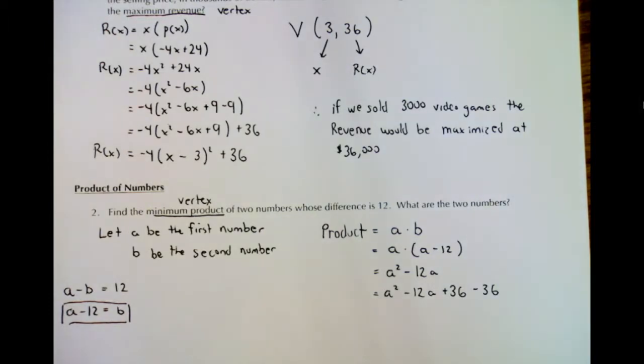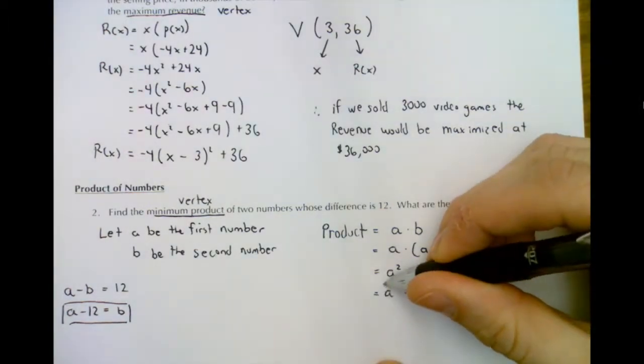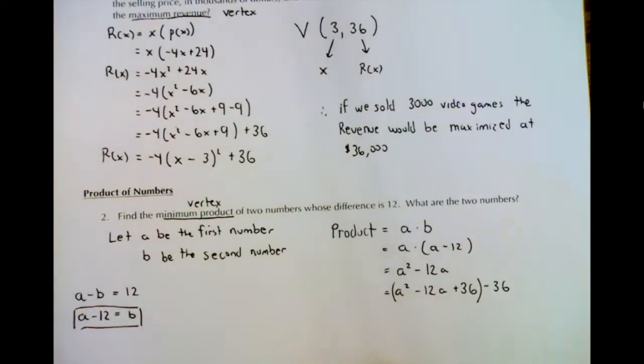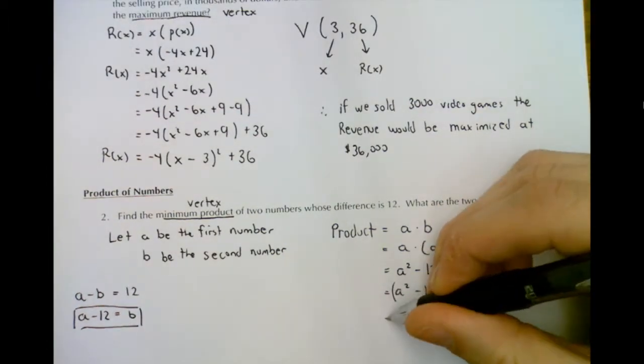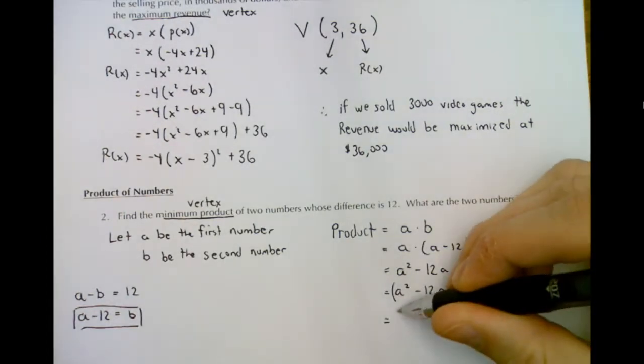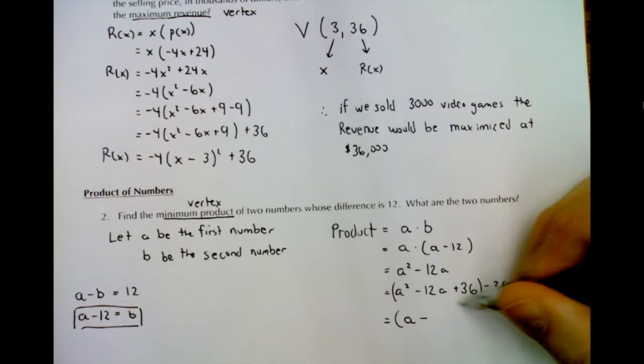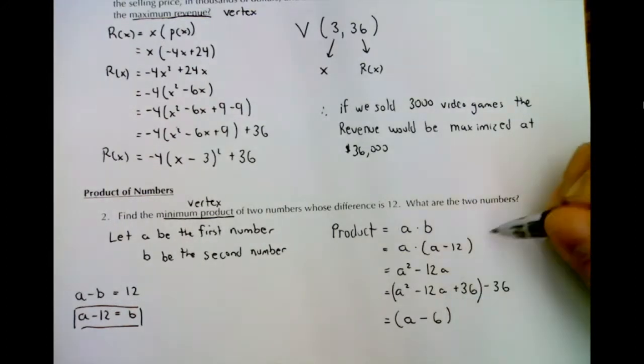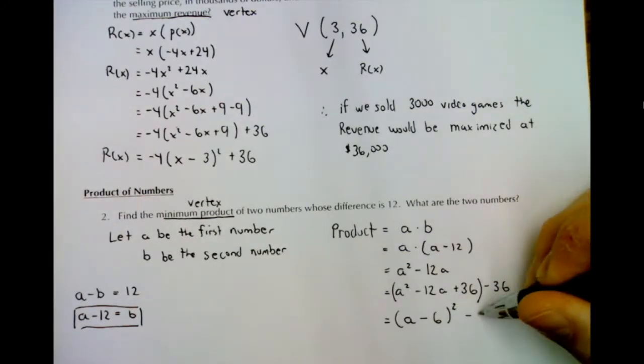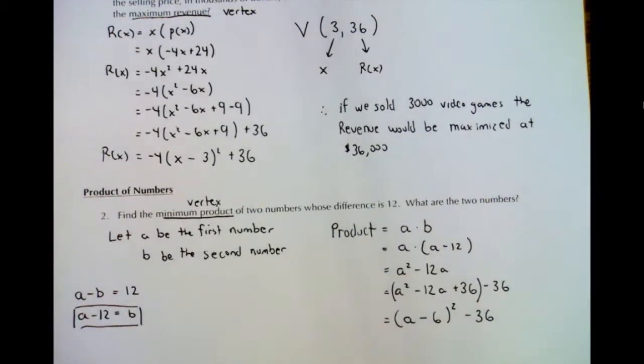Alright, we want to now group those first three terms, because that's where our perfect square trinomial is, leave the negative 36 on the outside, and factor. How do we factor? Well, square root of the first term is A, sign from the middle term is negative, square root of the last term is 6, and squared, minus 36.